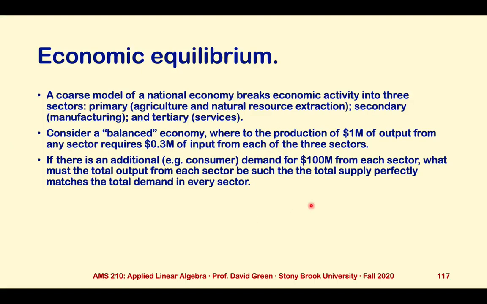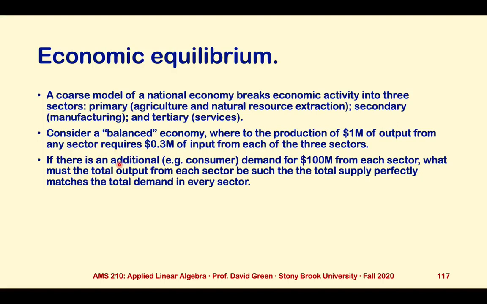On top of this, we have a consumer demand that is $100 million from each sector. Given this structure, what must the total output from each sector be so that the total supply perfectly matches the total demand in every sector?